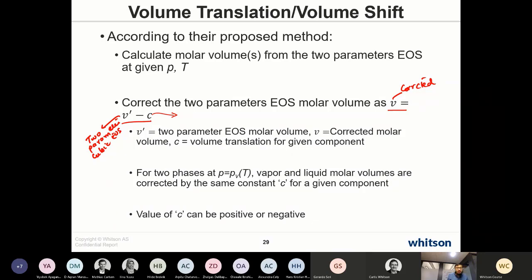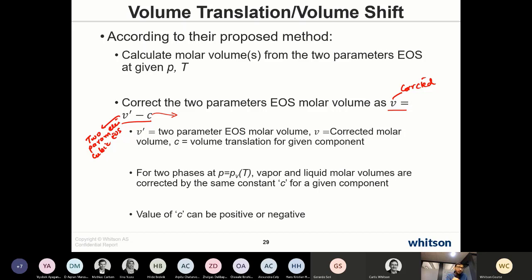That's something we will also see in the next exercise, like the exercise that we did with H2O yesterday. It was without the volume shift, and we had very bad densities. Now we will do the same exercise with the volume shift and see how this equation can be used to correct for the density.